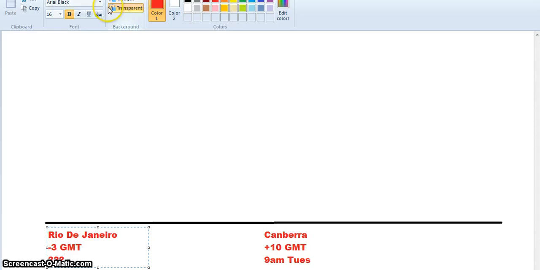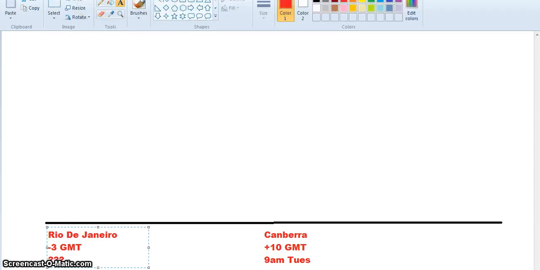Okay, and we'll grab a line. Now in this first jump, we're just going to go back 9 hours, which will take us back to midnight. If we go from 9 AM back 9 hours, it's going to take us back to midnight.